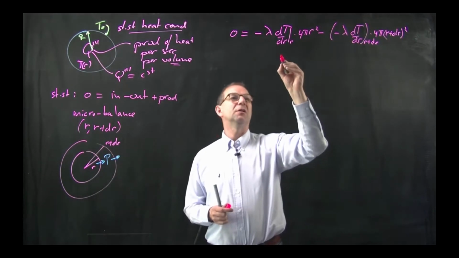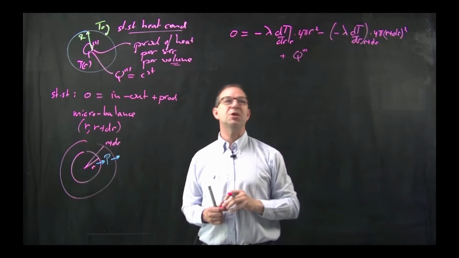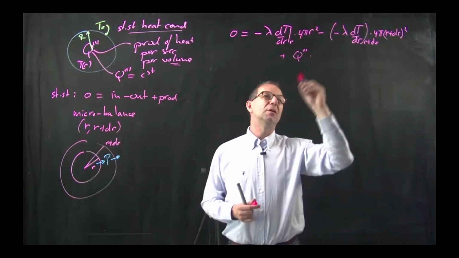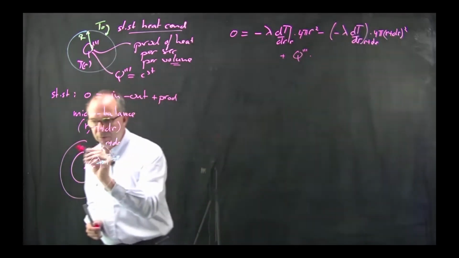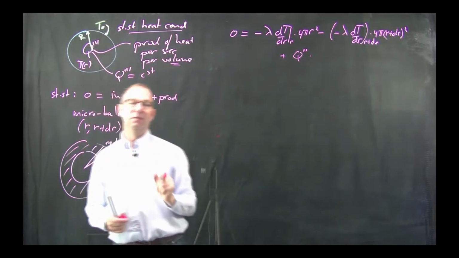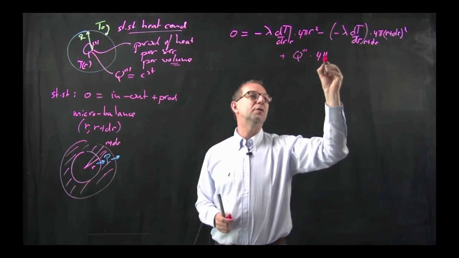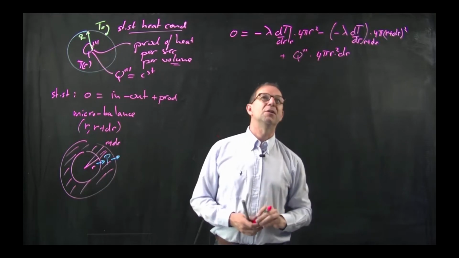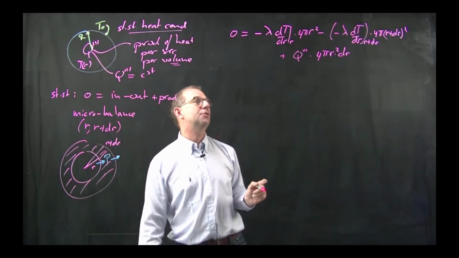Plus there is production, and that is heat per unit volume per second, so I need to multiply this Q triple dashed by the volume of this part, this dashed part. And that is a very thin spherical shell, and that has a volume of 4 pi r squared dr. You probably recall that from elementary calculus.